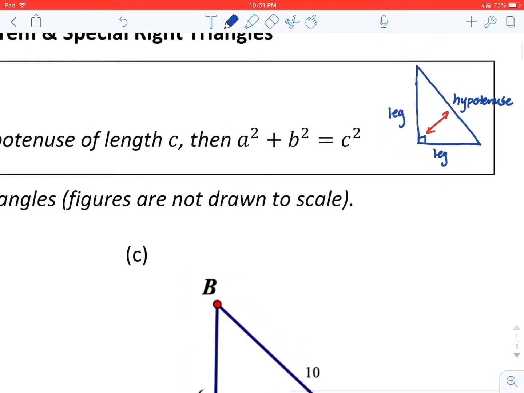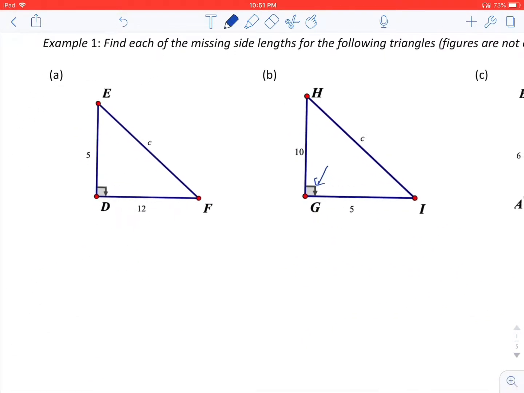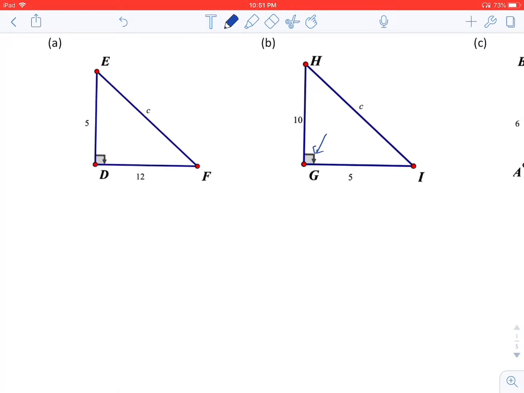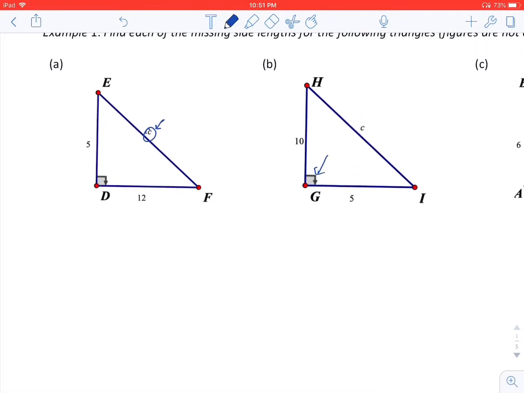Really what it's saying is that if I take each of the legs, square them individually, and add them, I should get the hypotenuse squared. So let's utilize the Pythagorean theorem. Just as a thing that you should note, the hypotenuse will always be on the side by itself in setting up the Pythagorean theorem.